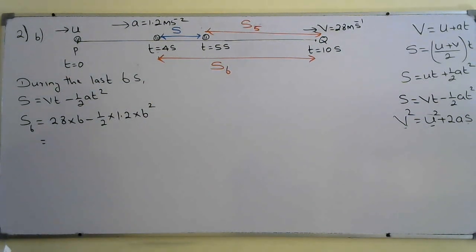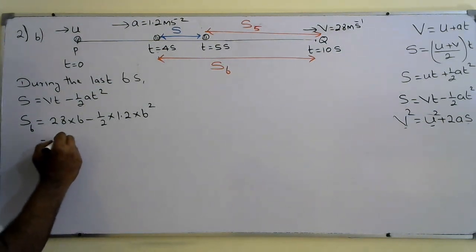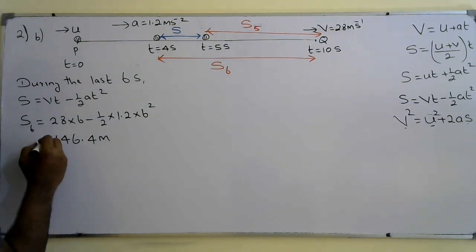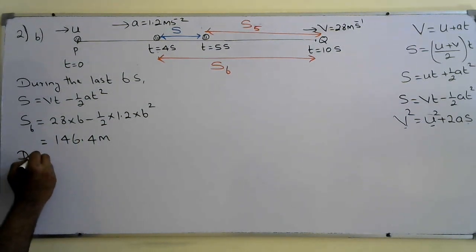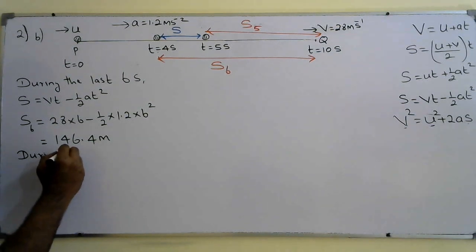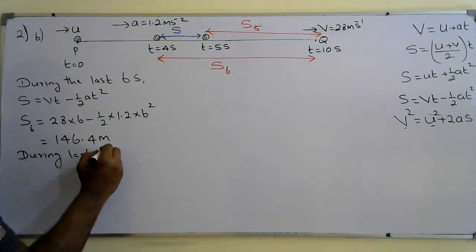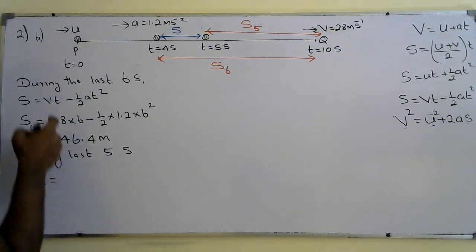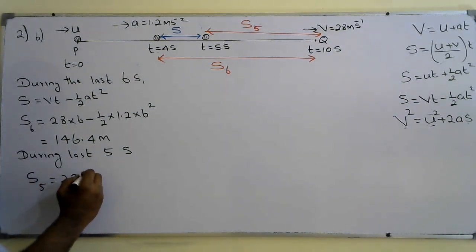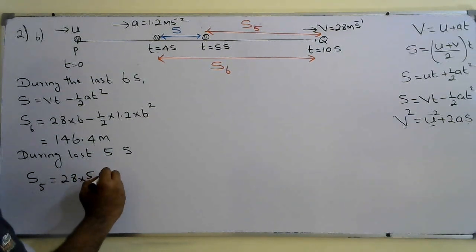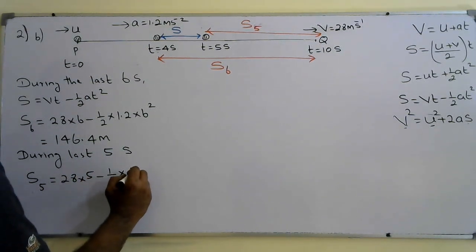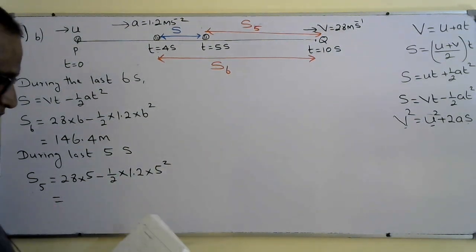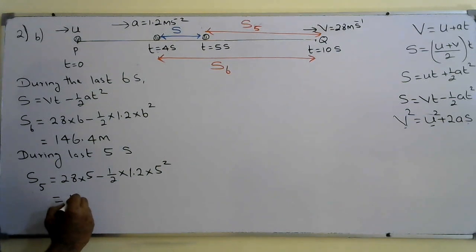So you will get 146.4 meters. Then during the last 5 seconds, S5 equal to 28 into 5 minus half into 1.2 into 5 square. So that's going to be 125 meters.